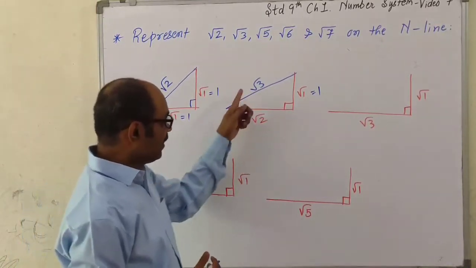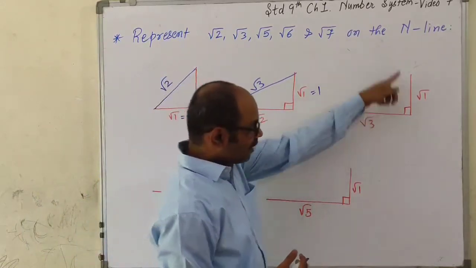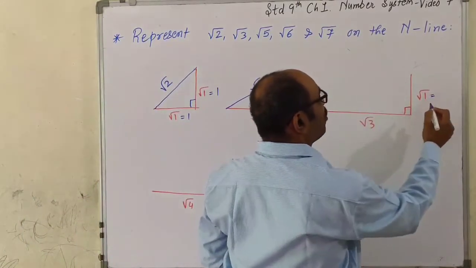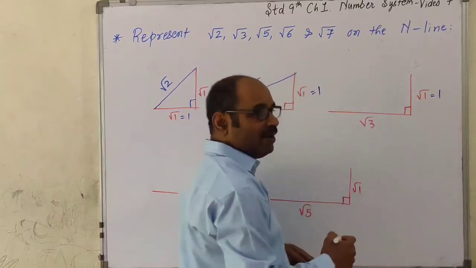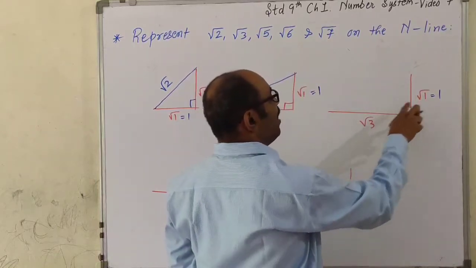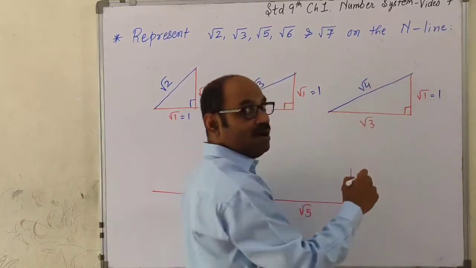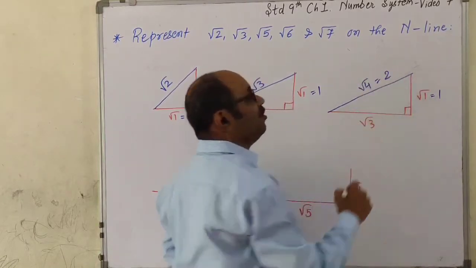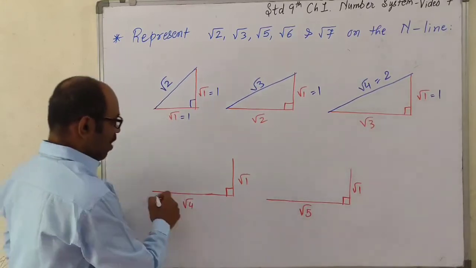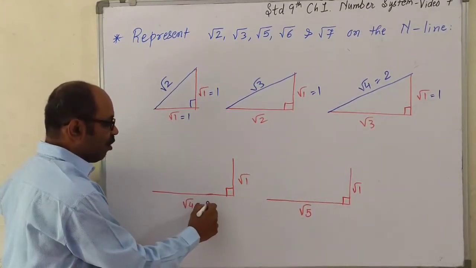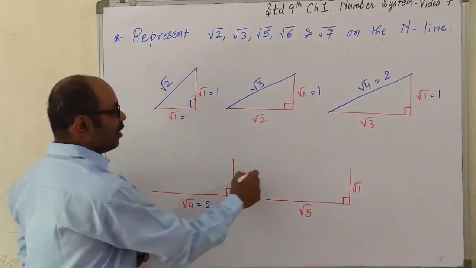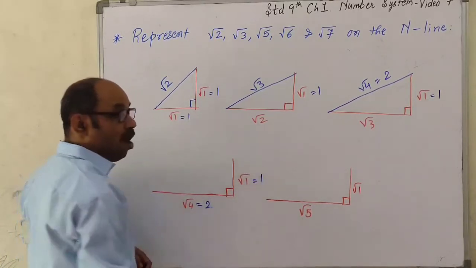Correct? Now this is √3 here. The side perpendicular to it is √1. That means 1 unit. If it is √1 and √3, then the hypotenuse is going to be √4. And √4 is actually 2. Correct? Now one of the perpendicular sides is √4, or you can say 2. The other perpendicular side is √1 or 1.